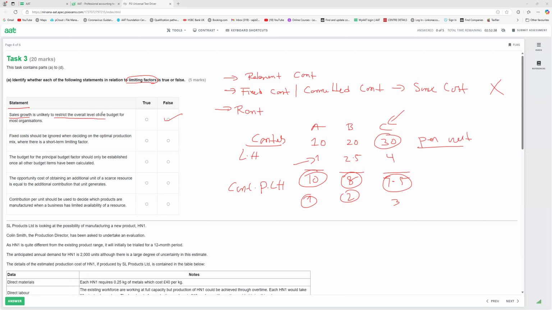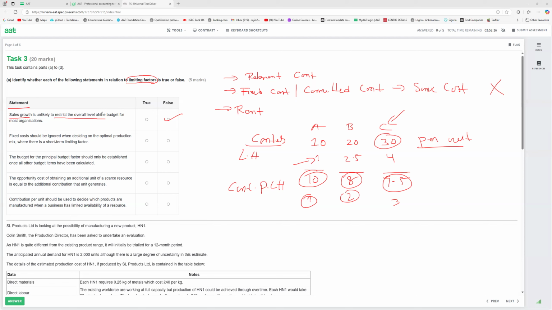For example, not every business has the unlimited capacity or capability to produce unlimited units. So if the demand increases suddenly, then the production department and other departments have to cope with that.